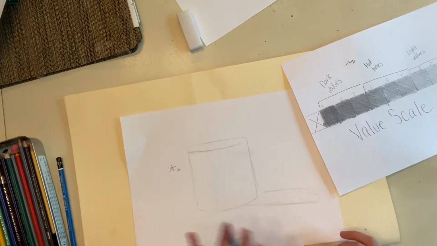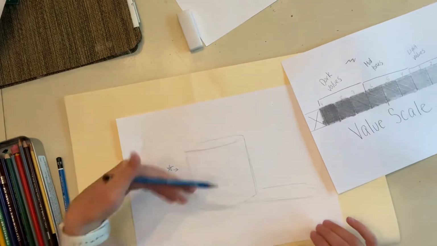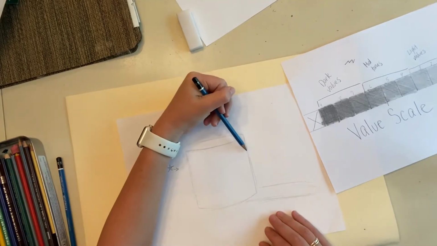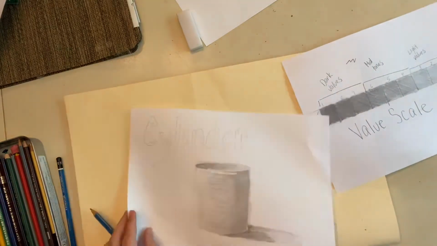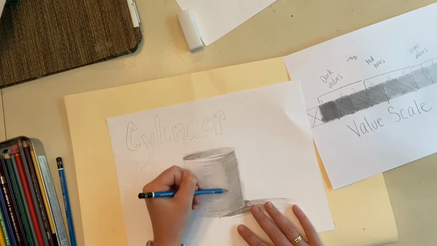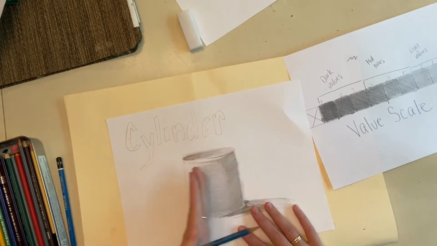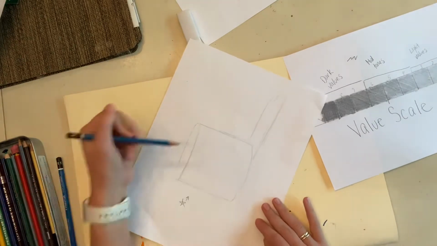It's very important to notice when you're watching me do this that everything has a soft transition from my dark areas to my light areas. It's not blocked off with lines because this is a round object. So I want to show that when I'm adding my value.